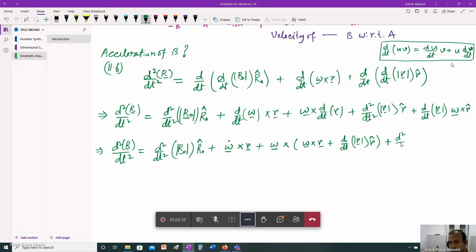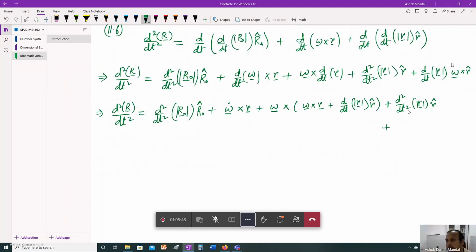Be with me. If you have any issue, let me know. We have no hurry. This is a very important concept. So I'm just now writing, this is a scalar quantity. I'm writing this omega first on the left hand side, and we are writing this scalar quantity multiplied with this.